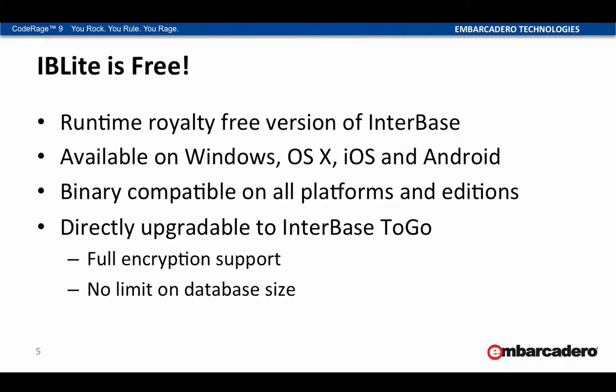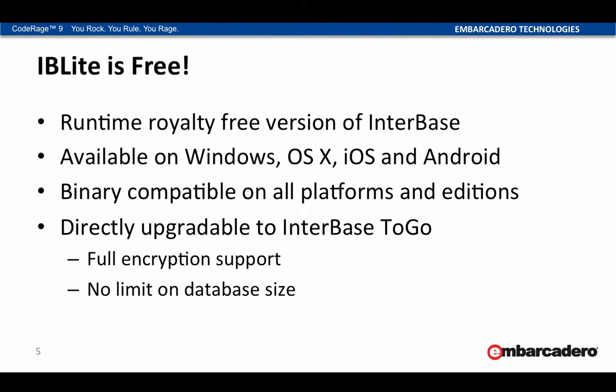As I say, IB Lite is runtime royalty free, available on Windows, OS X, iOS and Android. It's also binary compatible on all platforms, and following on from that, you can upgrade directly to Interbase To Go, which provides the encryption support and an unlimited disk space size just by changing the license file.